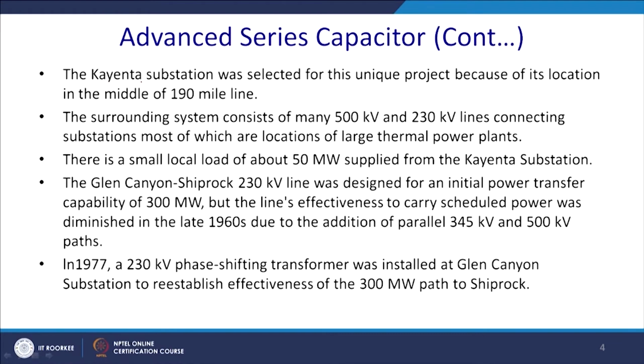And the Kayenta substation was selected for this unique project because of its location in the middle of the line, the middle of a 190 mile or 400 kilometer line.